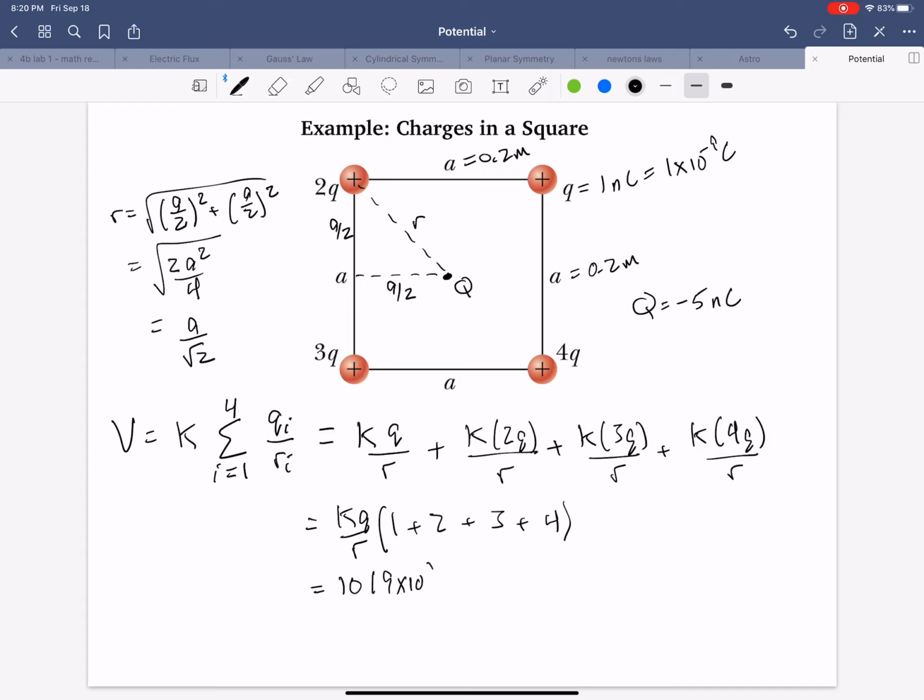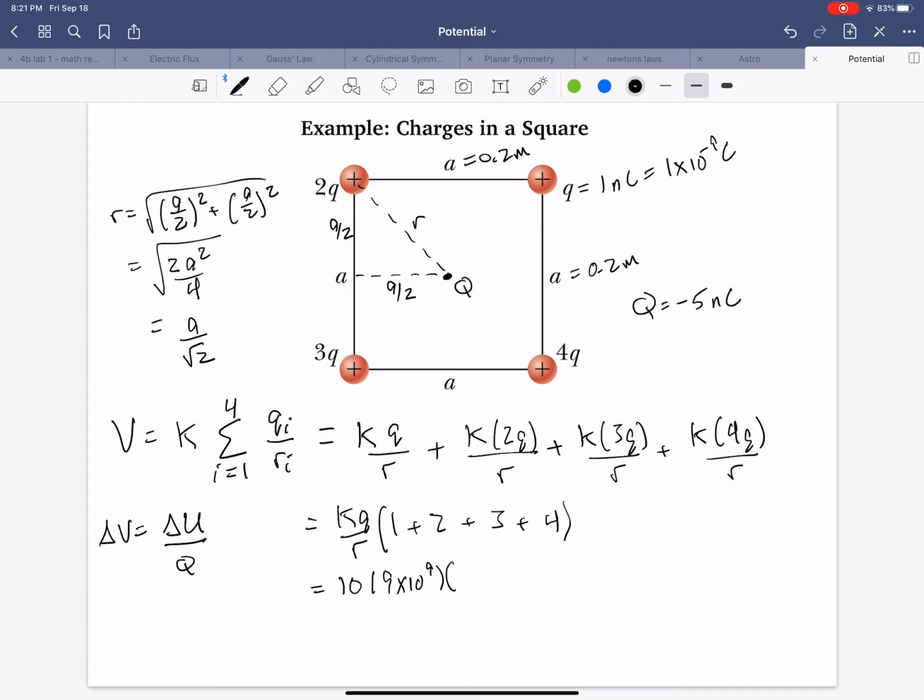Times 9 times 10 to the 9. Now, the charge here, we're using lowercase q, not capital Q in this case. Capital Q is, if you remember from voltage, delta V is defined as delta U divided by the charge.